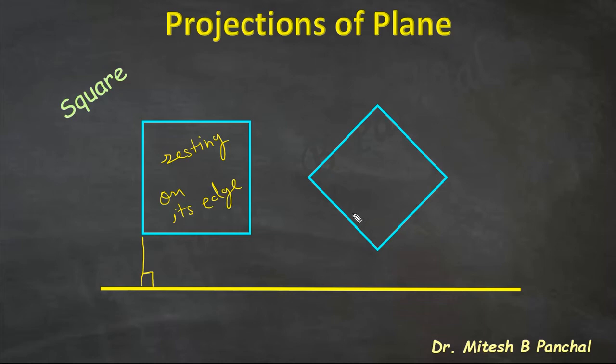If you look at this orientation, then this corner and the center of the plane, meaning this line, is parallel to xy. So this case you have to consider when the square is resting on its corner.